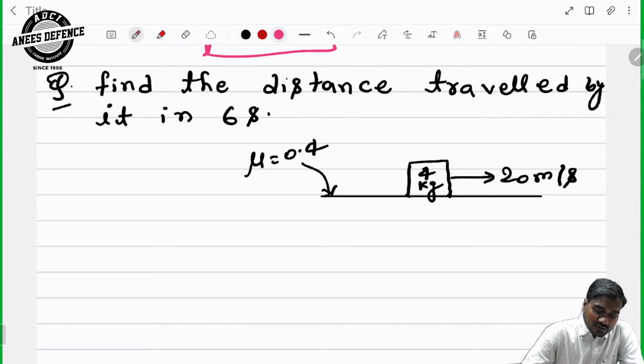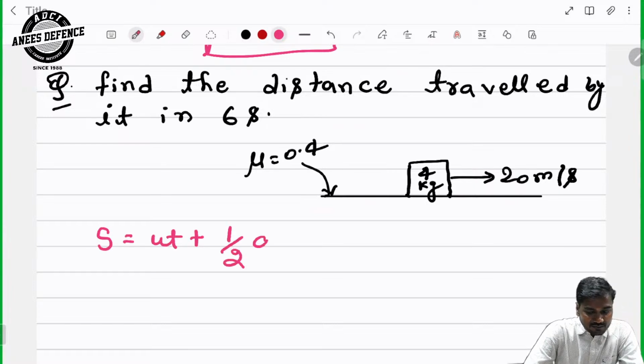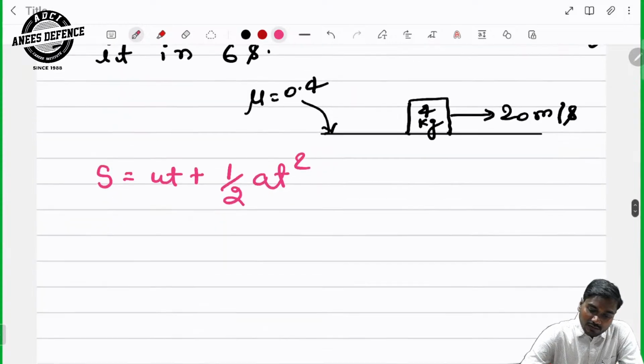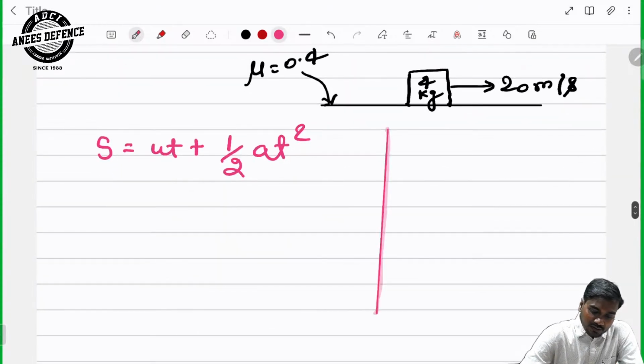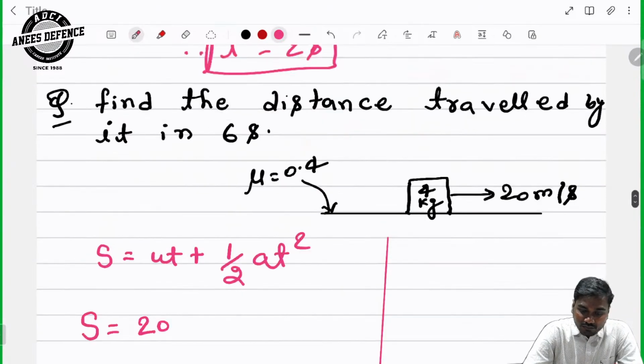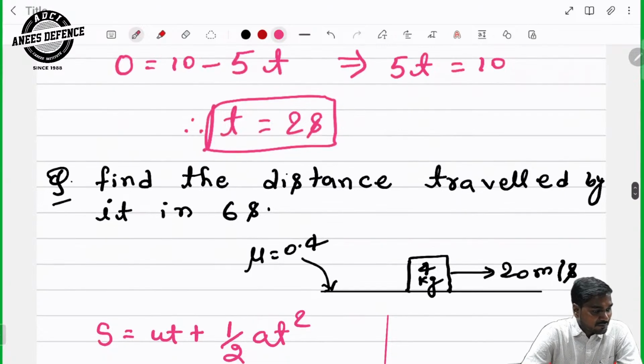So a simple formula you can use: s is equal to ut plus half at square. So s we have to calculate, that is unknown. And u, initial velocity, is 20. They have given time. Time is how much?